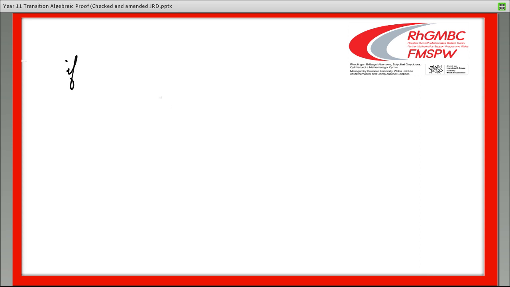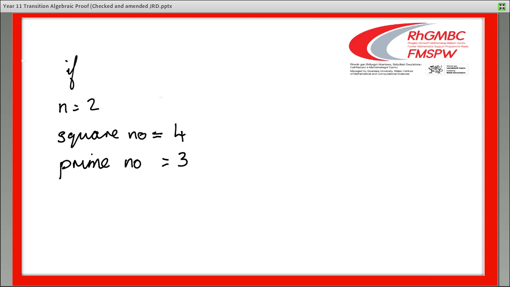So if we take those two values for n, what we can then say is that if n equals 2, the square number equals 4 and the prime number equals 3.